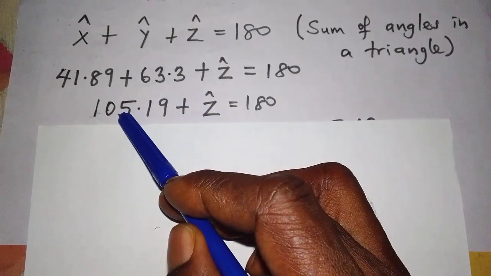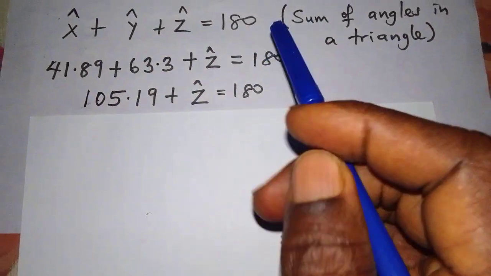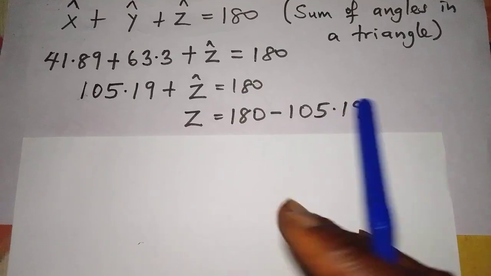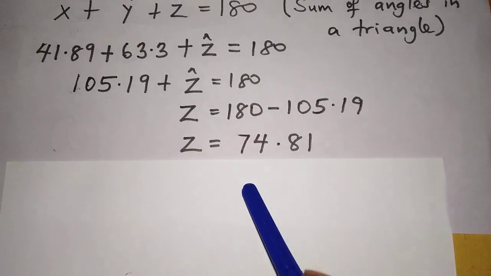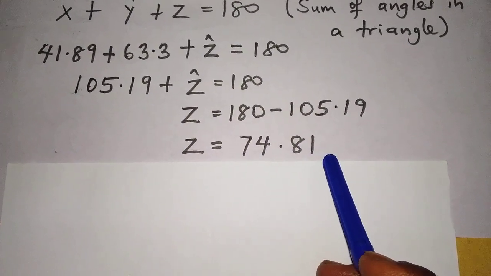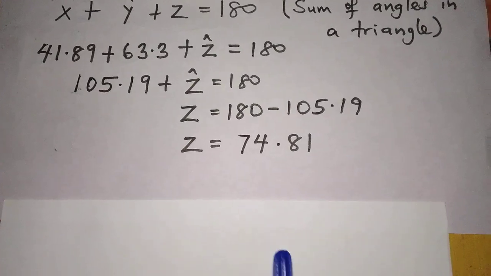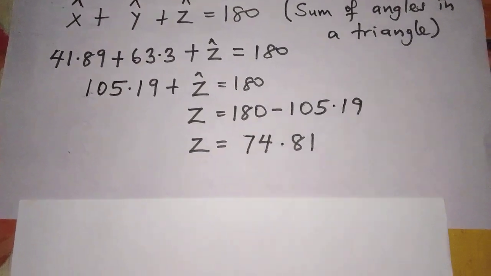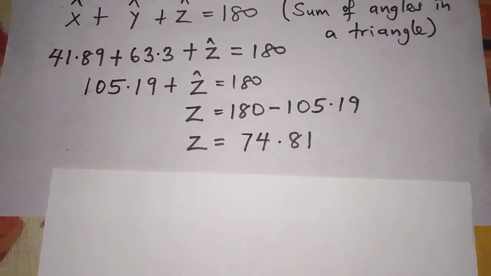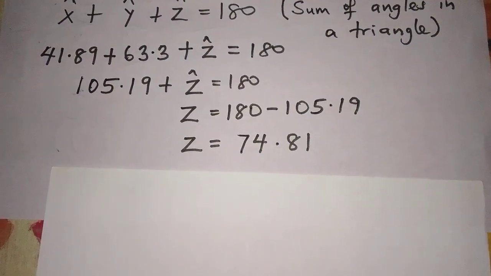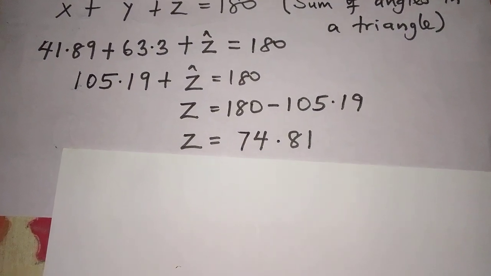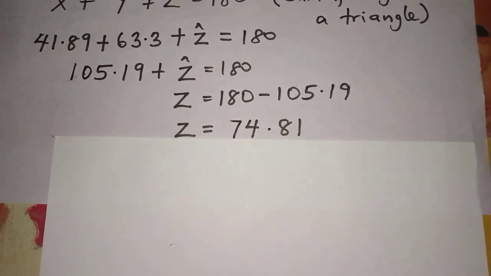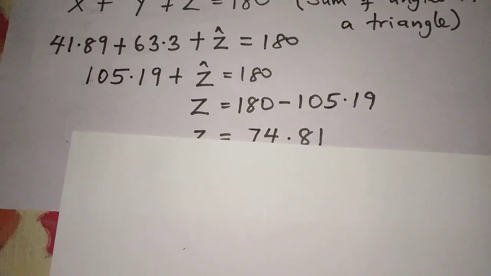If you bring 105.19 to the other side, it will be minus 105.19, which should give you 74.81 degrees. So we are able to find the value for angle Z, which is 74.81.